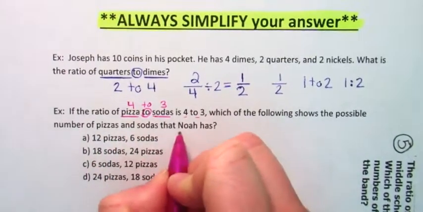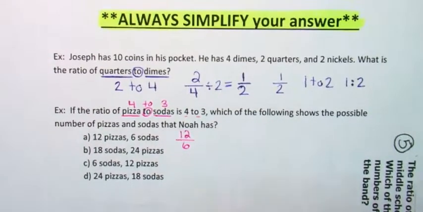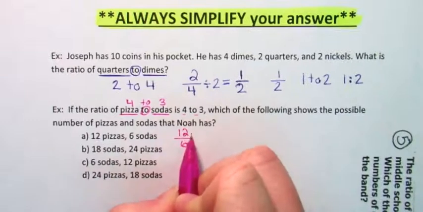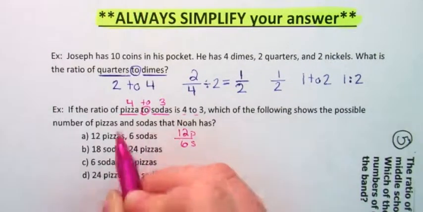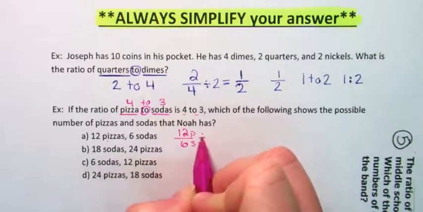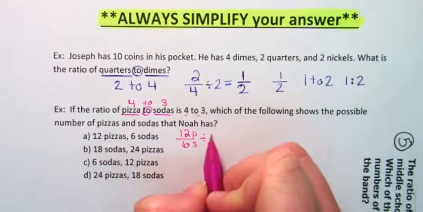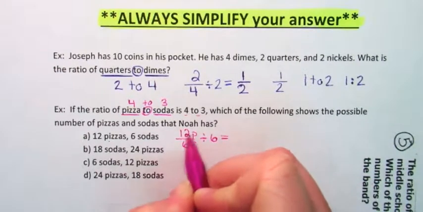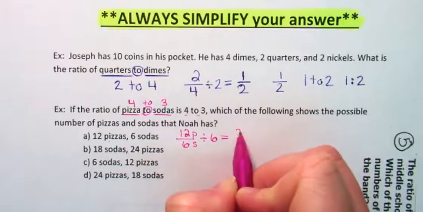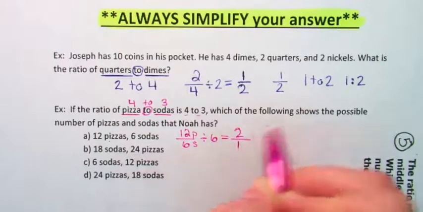So I'm going to start with A. 12, 6. I have 12 pizzas, 6 sodas. I have to make sure they're in the correct order as what it asks. I can simplify this. There are multiple options: we can do it by 2's, 3's, 6's. I'm going to go with the largest one, 6. 12 divided by 6 is 2. 6 divided by 6 is 1.